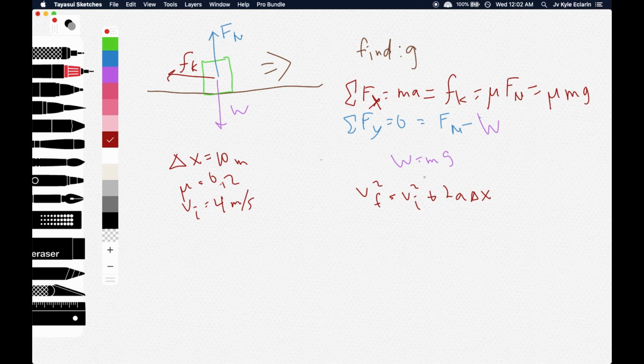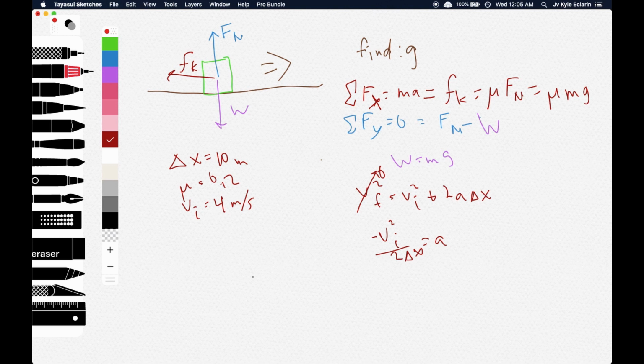No, it doesn't give us a mass, and I don't think we need it. Okay. Now, we know that v final is equal to 0. So v initial squared over 2 delta x is equal to a, with a negative sign. So now it makes sense that the acceleration is negative because it's going in the left direction.